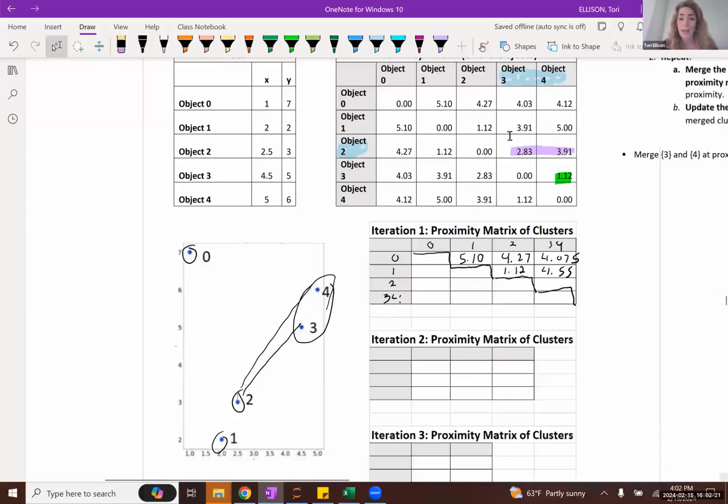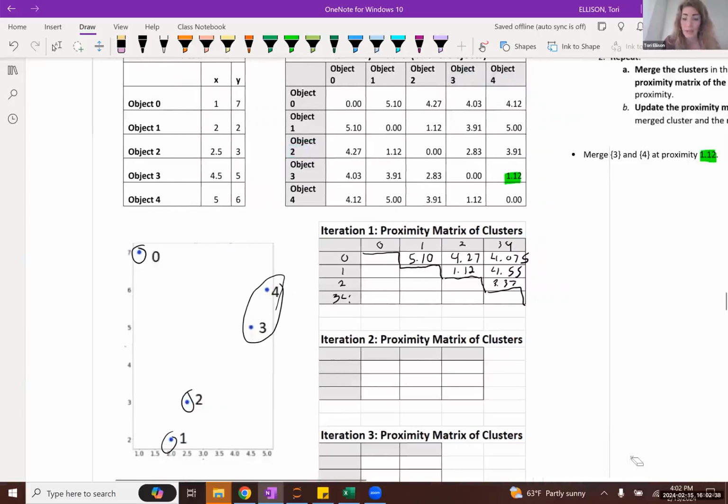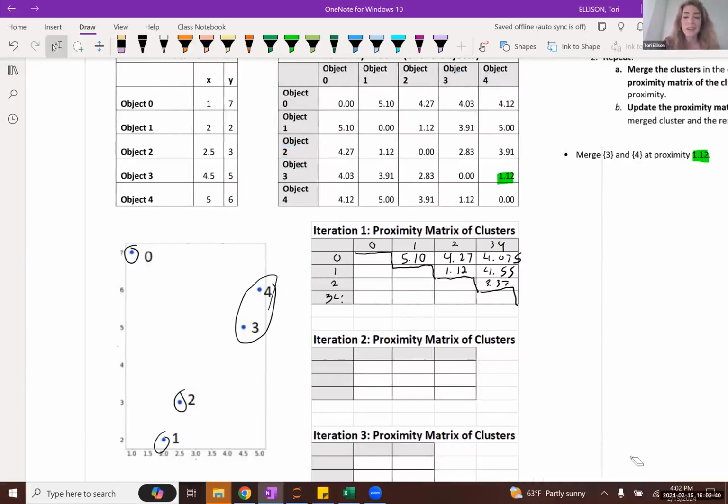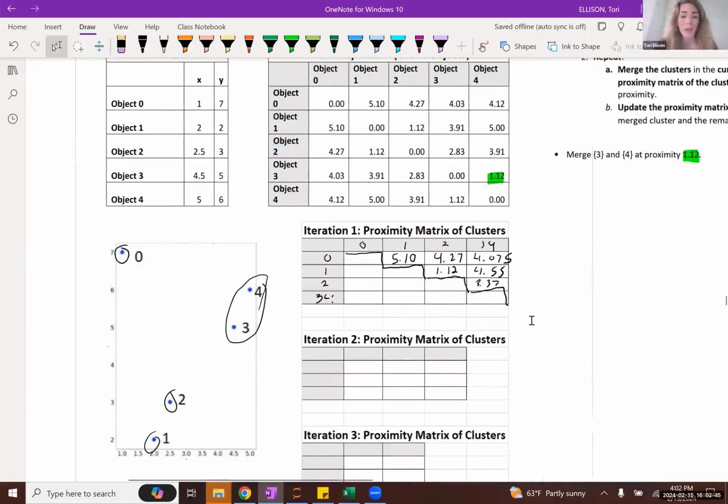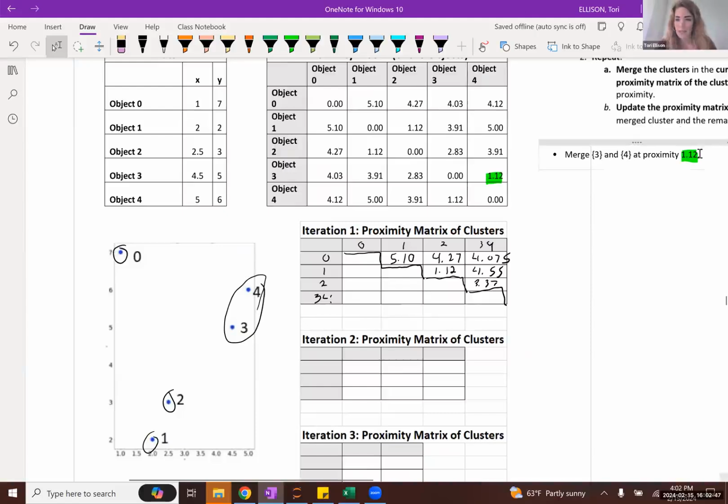So that would be the average of these two distances here, which is 3.37. I'm sorry, this is a little bit sloppy. Not very good at writing on a tablet, unfortunately. Okay, so that is our updated proximity matrix.